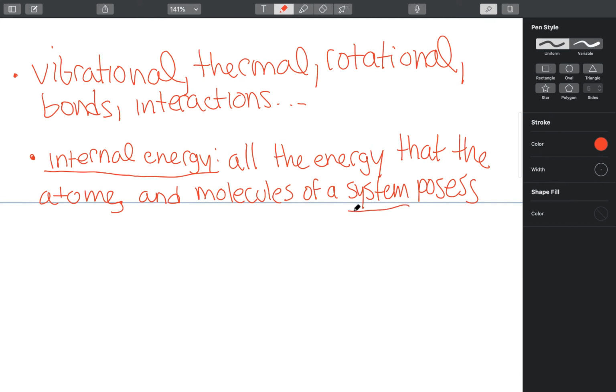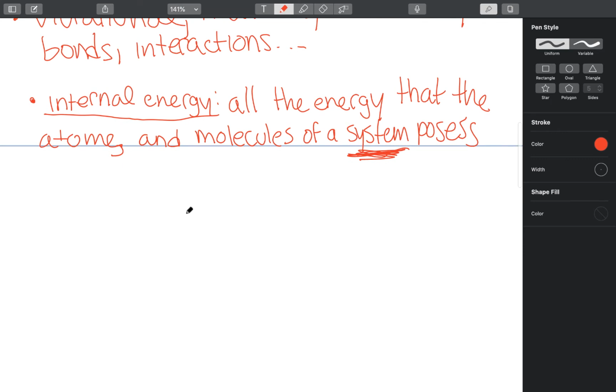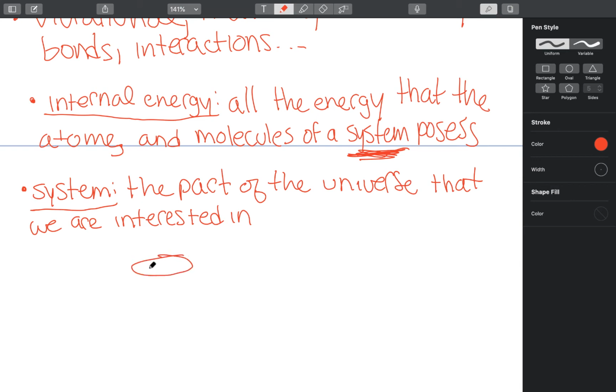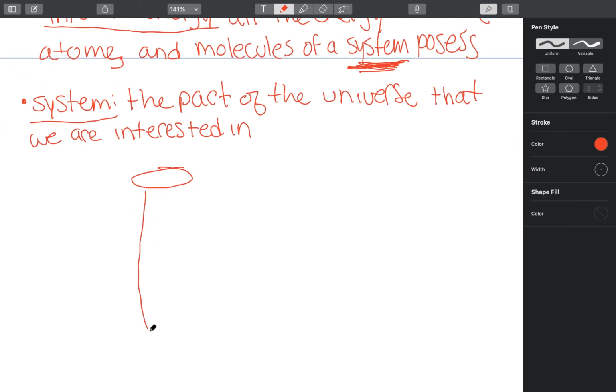So what is a system? Now, a system is something very important to understand for thermodynamics. So a system is defined as the part of the universe that we are interested in. So one example could be a test tube holding a certain reaction mixture.